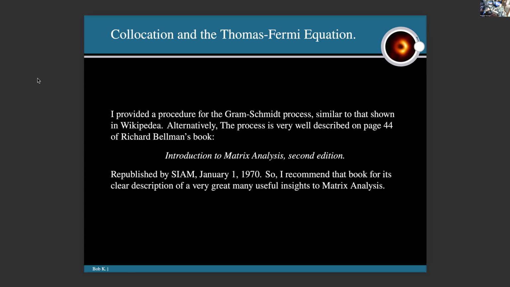And Richard Bellman's book, Introduction to Matrix Analysis, is a really good one. That book is actually quite useful. So if you can find a copy of it, I would recommend it to your library.